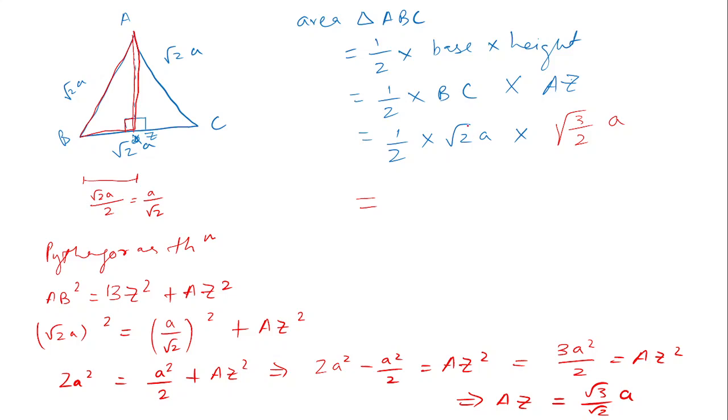Now I can do this, root 2 cancelled. On the numerator I will have root 3, and a multiplied by a is a square, divided by 2. Root 3a square by 2 is the area of the 111 plane.